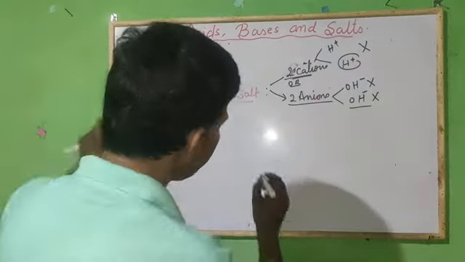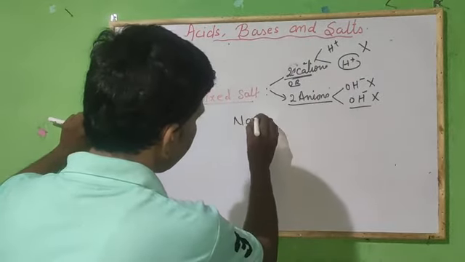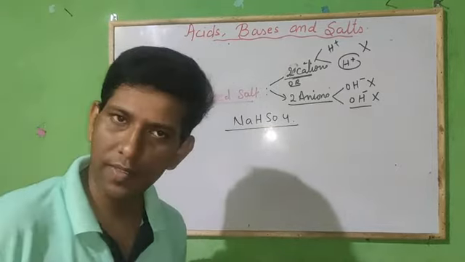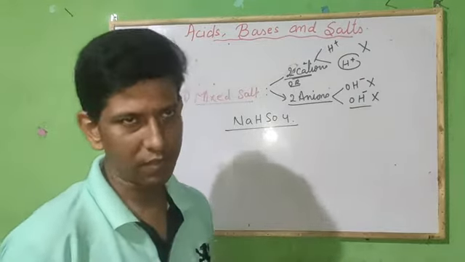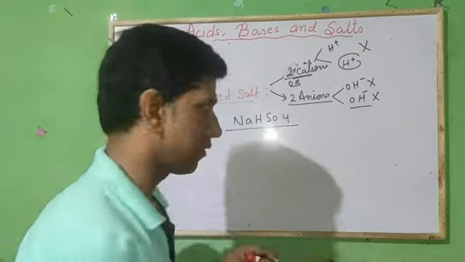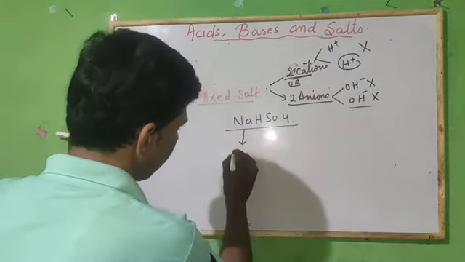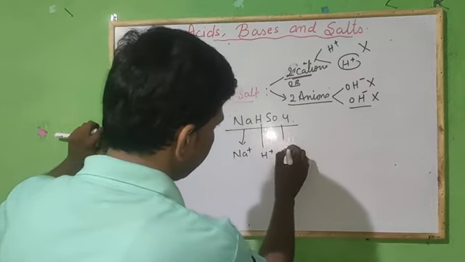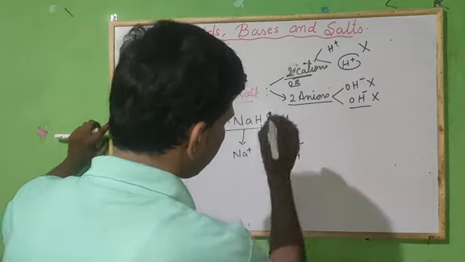I am giving one example. Suppose I am writing NaHSO4, sodium hydrogen sulfate. In sodium hydrogen sulfate, first of all we will check how many cations or anions are there. You can see Na plus is one cation, H plus is another cation, and SO4 2 minus is one anion.